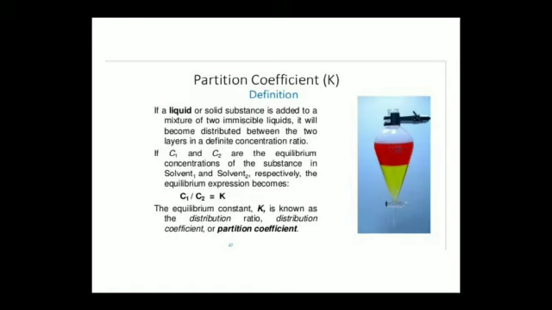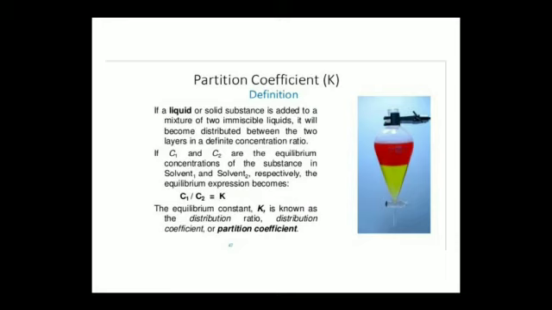So if C1 and C2 are the equilibrium concentrations of the substance in solvent 1 and solvent 2 respectively, the distribution coefficient or partition coefficient can be described by the following equation. C1 is the concentration of the substance present in the first layer, and C2 is the concentration of the substance present in the second layer.